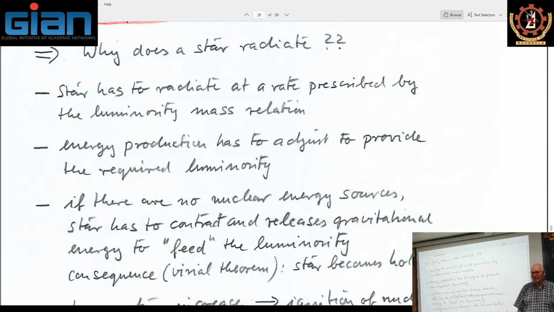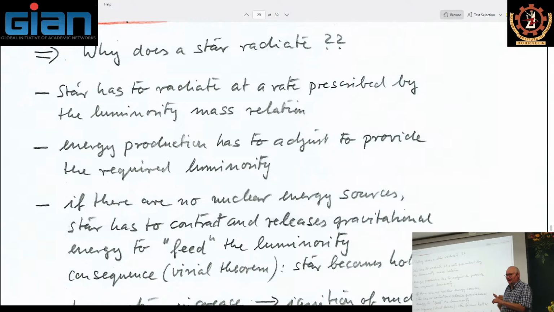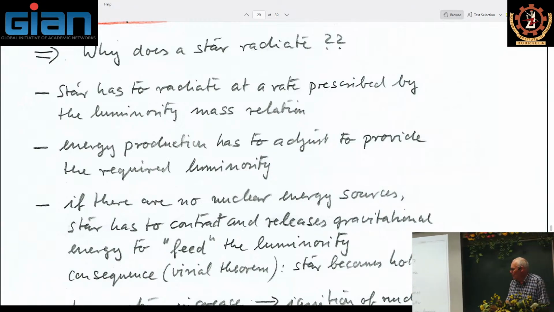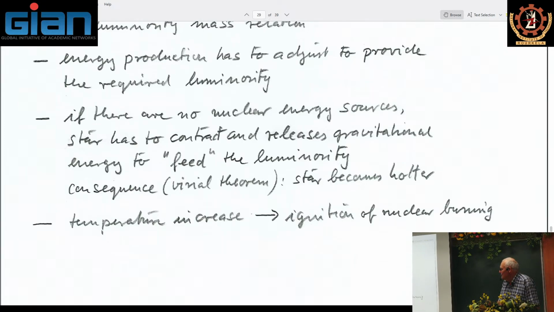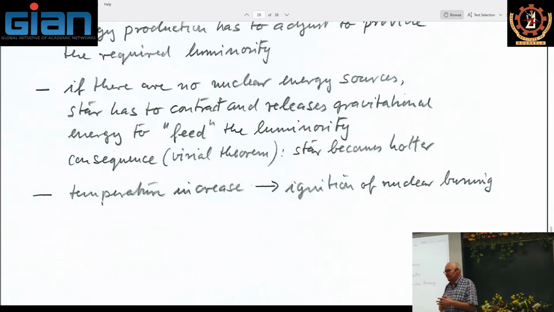Then the star has to become hotter once it lives from its gravitational energy. So now we have the combination of these two phenomena, the mass-luminosity relation and the virial theorem. What happens if the star becomes hotter? Then the temperature increase might lead to an ignition of the next nuclear burning stage.